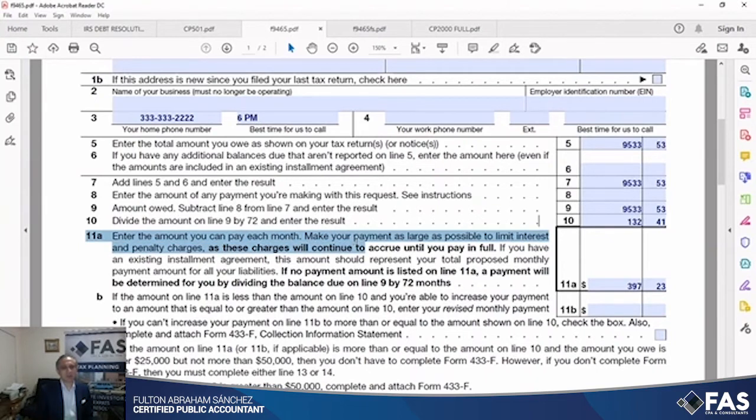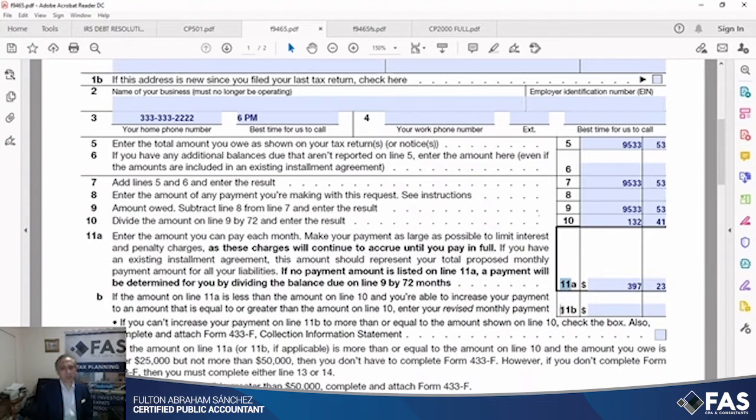They even say here, make your payment as large as possible to limit interest and penalty charges, as these charges will continue to accrue until you pay in full. So this is why you need to pay the largest amount possible. This is for line 11A.